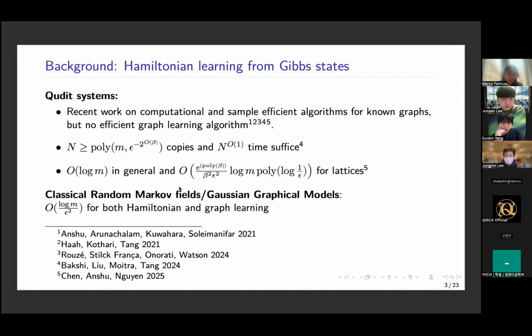But anyway, this is still far from the efficiency for these problems in the classical version of the question, which is learning classical Markov random fields or Gaussian graphical models in the continuous variable setting. In this case, log m over epsilon squared copies are sufficient for both Hamiltonian and graph learning.